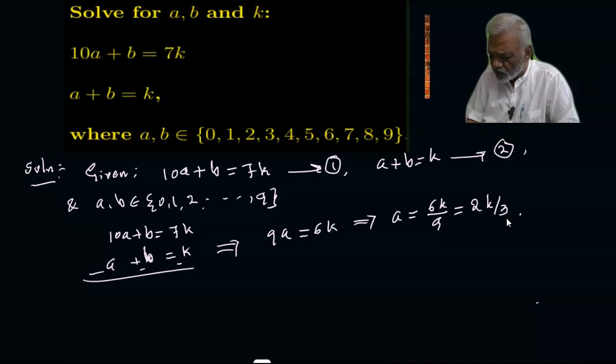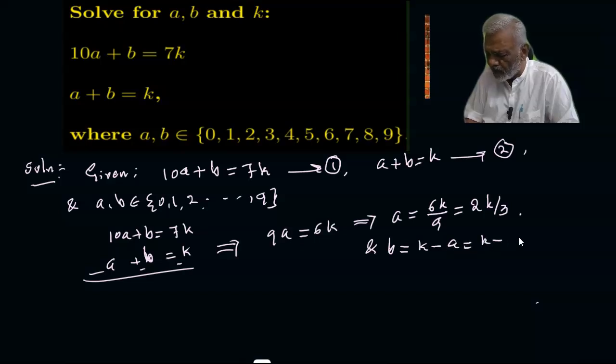Okay, once we have A equal to 2K by 3, B equal to K minus A, that is K minus 2K by 3 equal to K by 3.